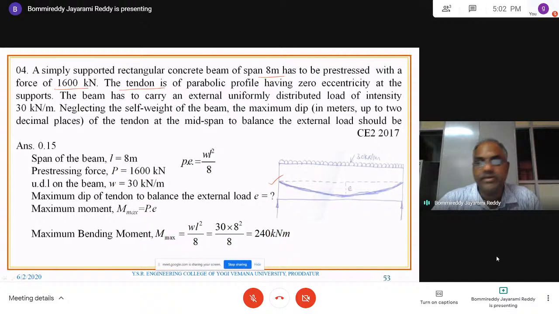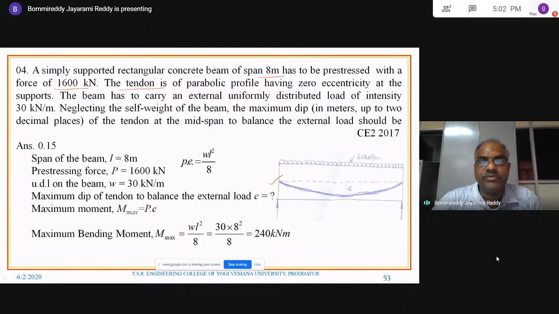You can see zero at the supports. The beam has to carry an external uniformly distributed load of intensity 30 kilonewton per meter. Neglecting the self-weight of the beam, the maximum dip of the tendon at midspan to balance the external load is. Remember, here balance is important.